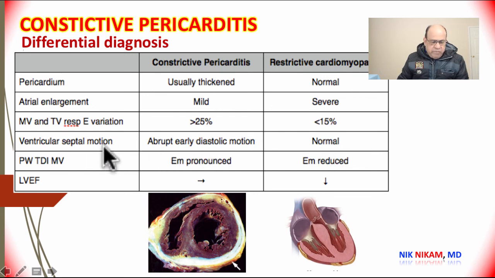Again, ventricular septal motion shows an abrupt early diastolic motion, whereas in patients with restrictive cardiomyopathy, the septal motion will be normal. And the ejection fraction could vary depending upon the overall heart function.